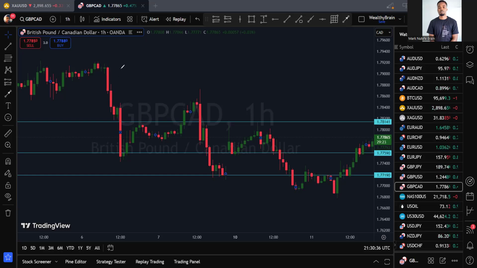For example, you look at this candlestick here, the lengths of the wicks are not the same. The top wick is shorter than the bottom wick. If you also look at the next candle, its formation on the body side is not the same.